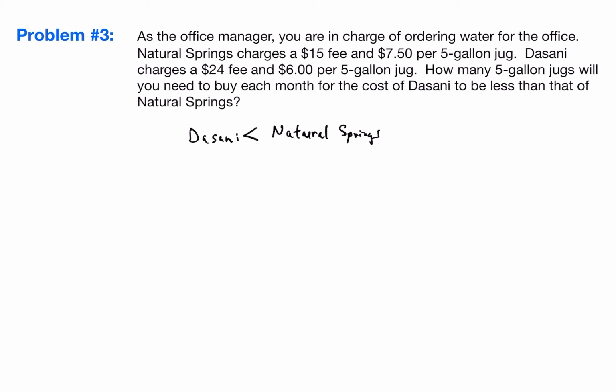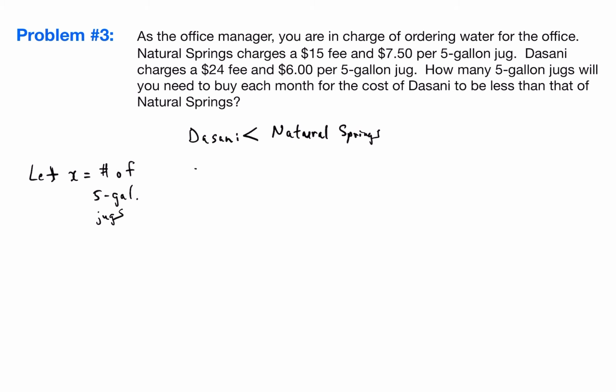Well, let's go ahead and let X equal the number of 5-gallon jugs. Okay, so for Dasani, we see that each 5-gallon jug is going to be $7.50.